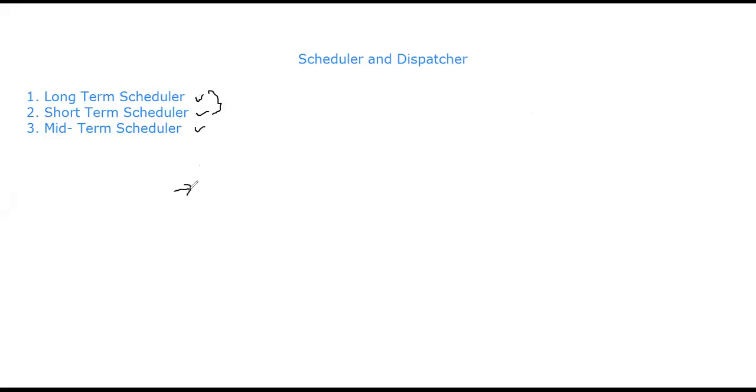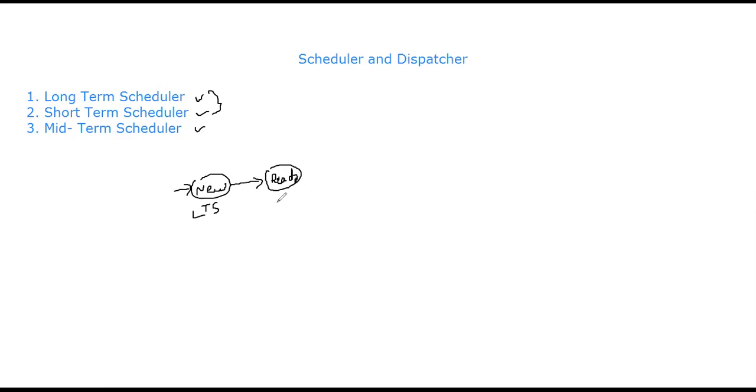So we had said that in the new state, that is the long-term scheduler. Selection of processes which are newly created is done by the LTS, the long-term scheduler. And then the dispatcher will send the selected processes into the ready state.